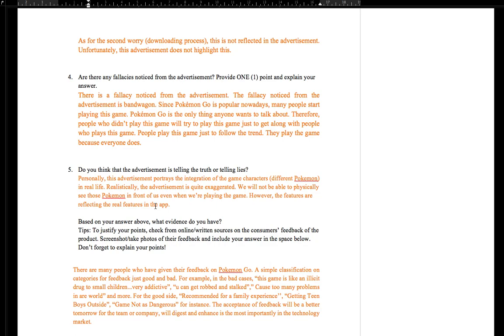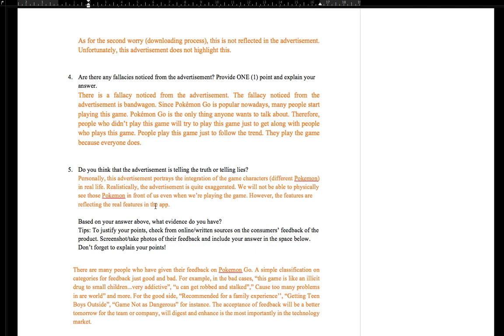So the advertisement is trying to integrate the game characters of Pokemon into our real life. Now, realistically speaking, we can see a bit of exaggeration in that the Pokemons are fighting with each other in front of you, but in reality we won't be able to see that. We can only see it in our phone.